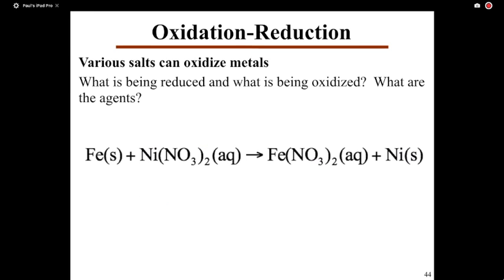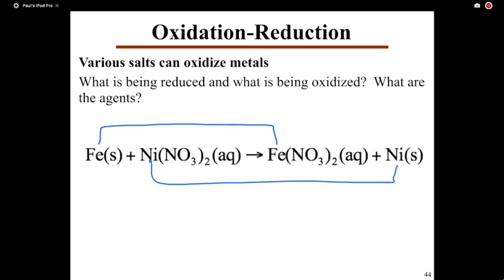All right. So in this case, what's happening? The 2 things that are changing oxidation states. These are the 2 things. What is the charge of iron in the reactant? 0. What is the charge of nickel in this case? +2. Because you see that there's a 2 here, it must have been up there, and it's +2.